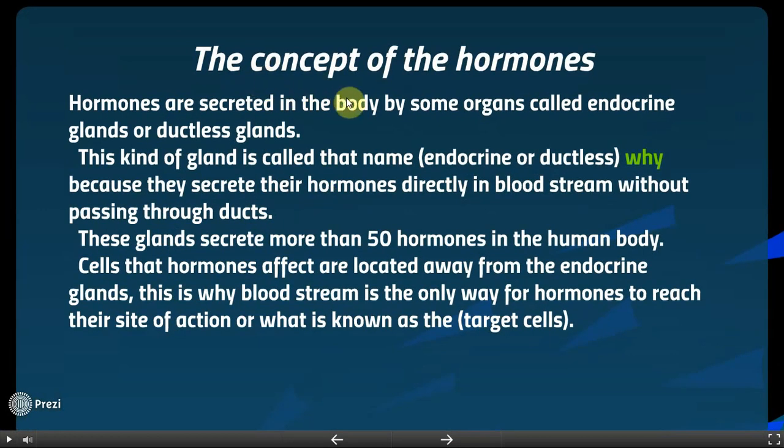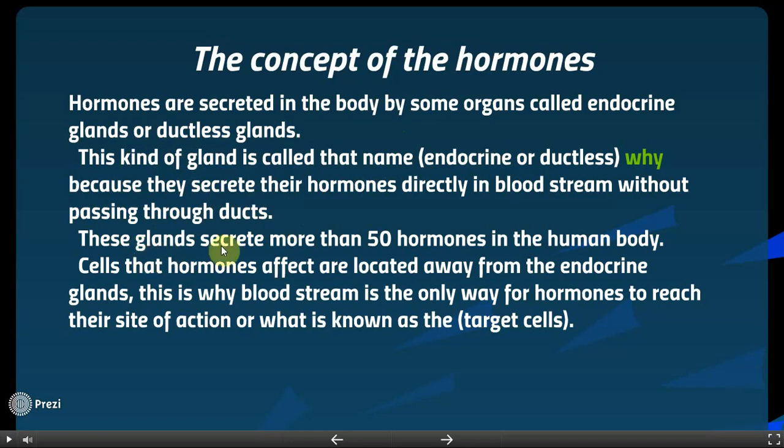But before we go through our lesson today and explain what we mean by endocrine glands and the types of hormones, we should know some concepts about the hormones. Hormones are secreted, as we said before, in the body by some organs called endocrine glands or ductless glands. This kind of glands is called that name because they secrete their hormones directly in the bloodstream without passing through ducts.